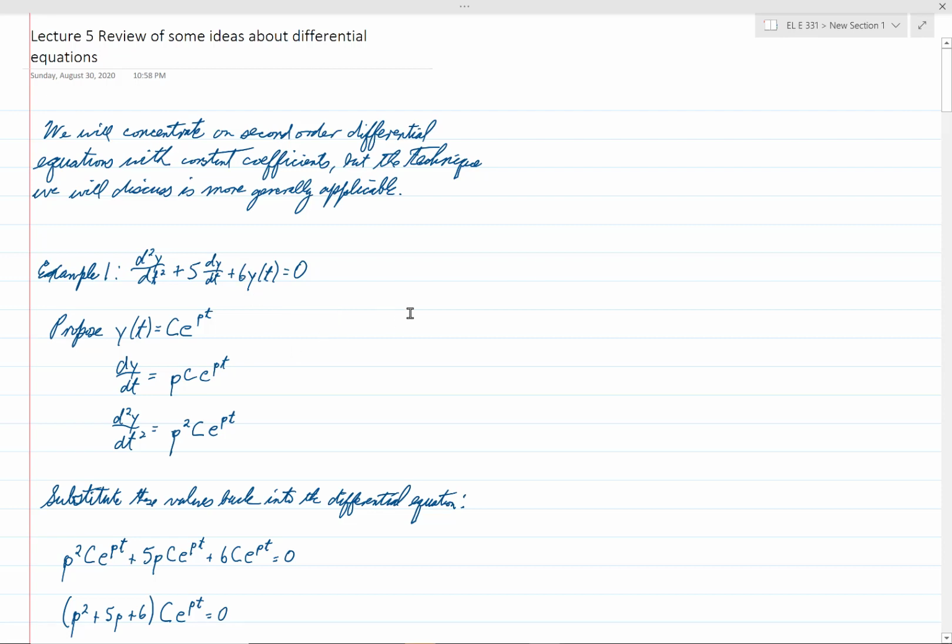And furthermore, we can say one more thing. Everything we're going to talk about in this lecture will be homogeneous differential equations, which means that we have 0 on the right-hand side. Later, we will talk about what to do when we don't have 0 on the right-hand side. But for right now, we're just looking at these homogeneous equations.